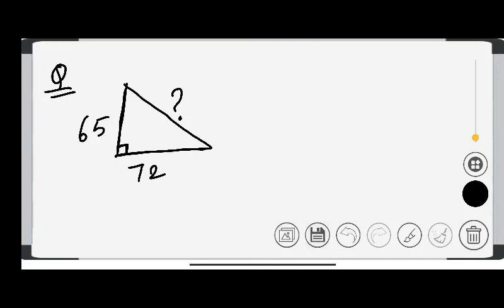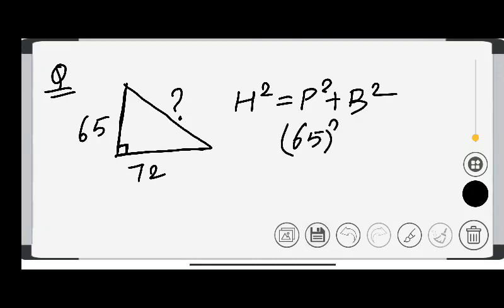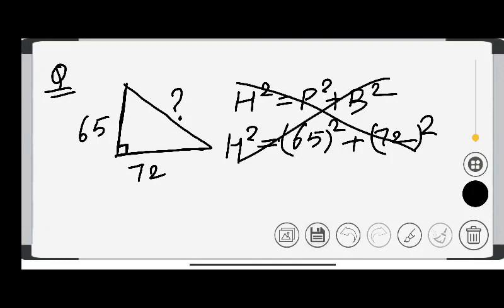If you apply the slow process, the Pythagoras theorem, h square is equal to p square plus b square, you have to find 65 square, then 72 square, then find hypotenuse square. So this is a very slow process.